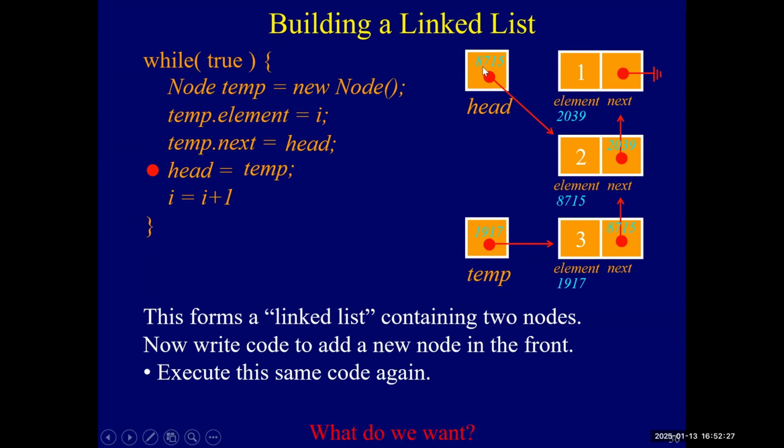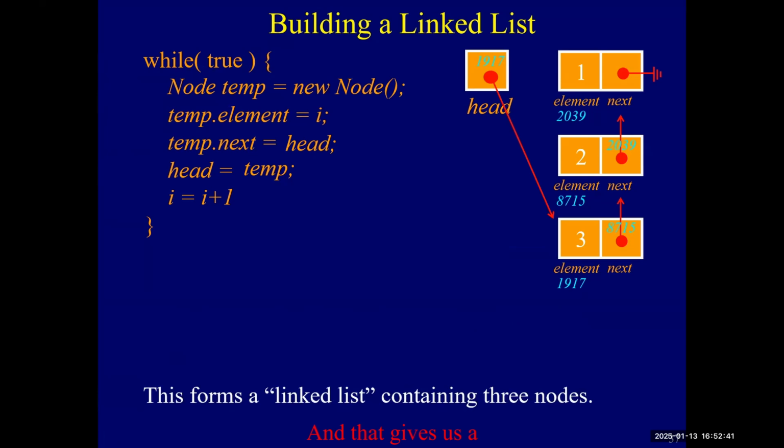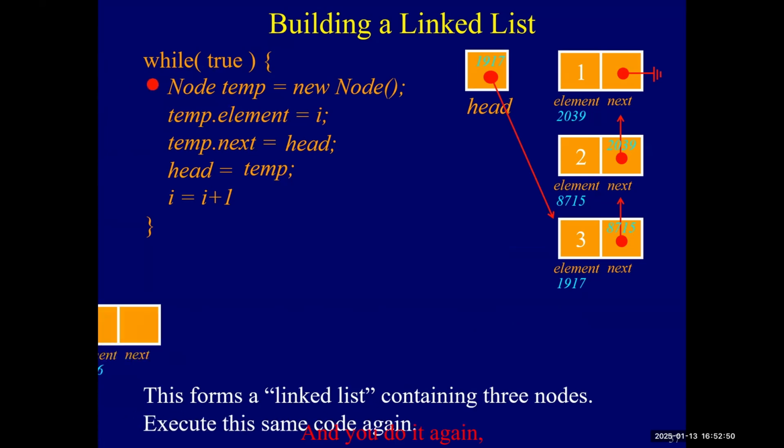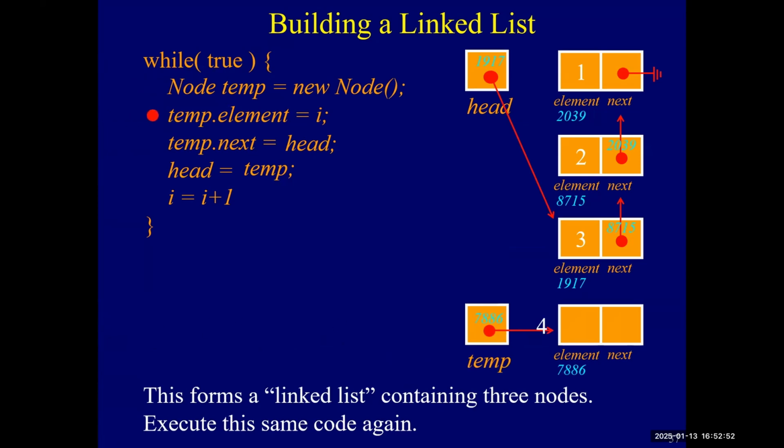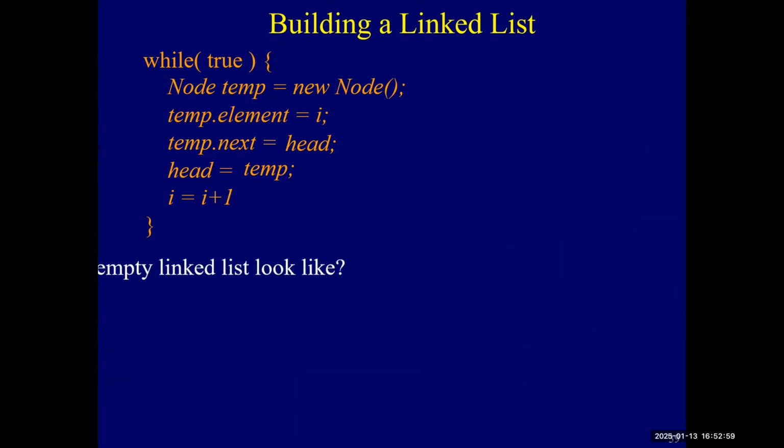What do we want? We want head to point down here. Who's pointing down here? Temp's pointing down here. We do this, and now they're both pointing there, right? And that gives us a linked list of length 3, right? And you do it again, right? It's just people following this code, right?